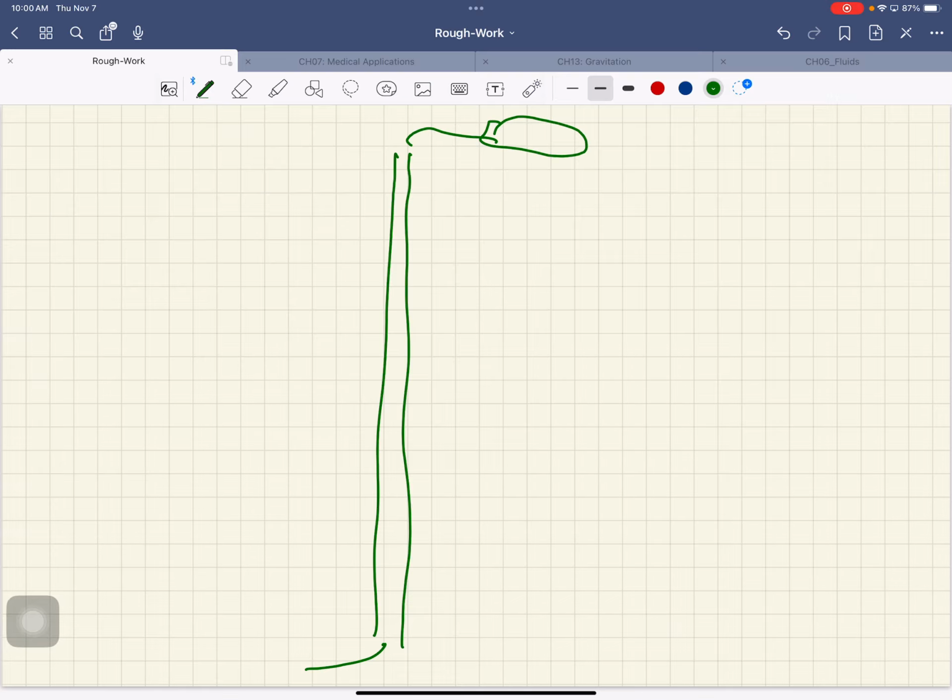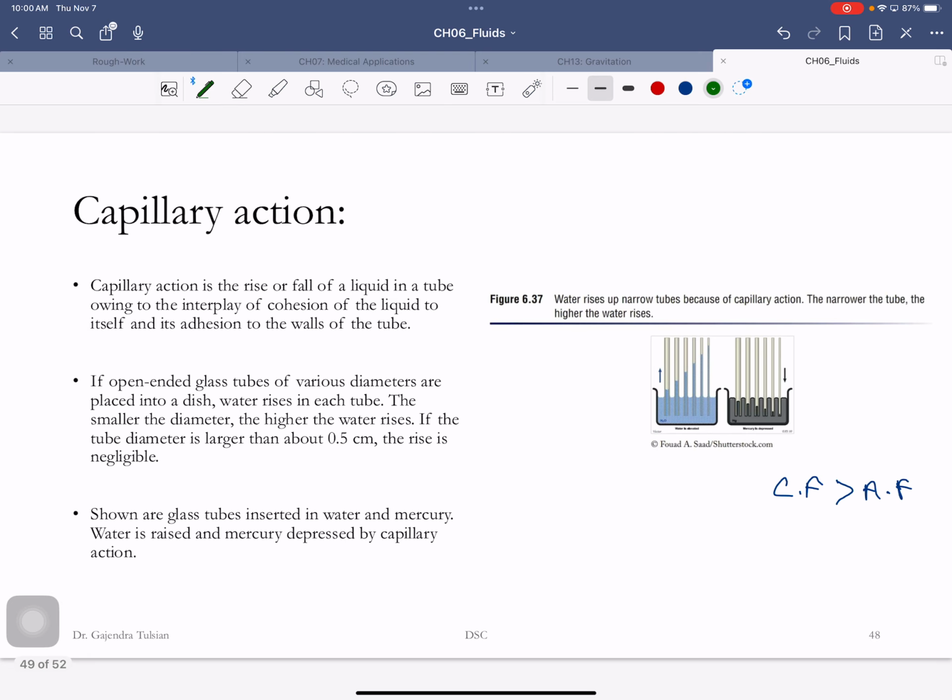Before I go into the details, you guys all know capillaries. Capillaries are thin tubes, generally made of glass. So here's a capillary, and here's a wider capillary. You put it in a glass of water and water rises. The thinner the tube, the higher the water rises.